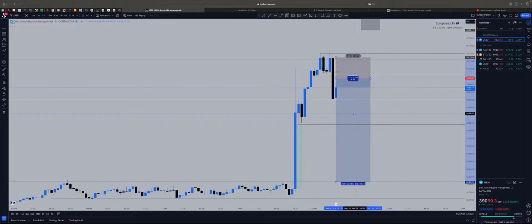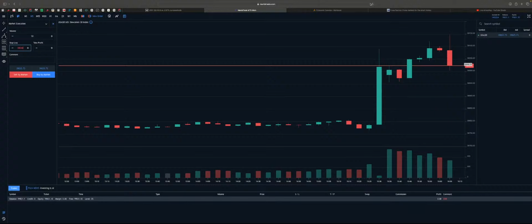So I've entered on this area, 69.70. What's going on here?